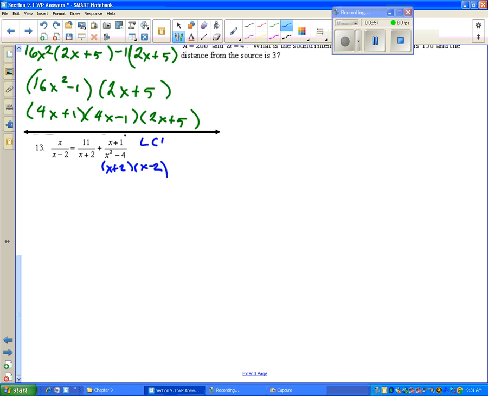So my LCD is going to be the x minus 2 times the x plus 2. Again, since this is an equation, I'm not trying to have a common denominator, but I want to cancel out all my denominators. So I'm going to multiply left and right of the equal sign by my least common denominator to cancel out all of my denominators.